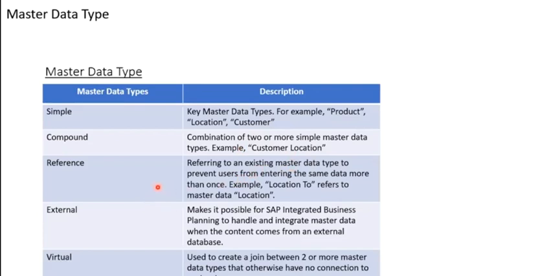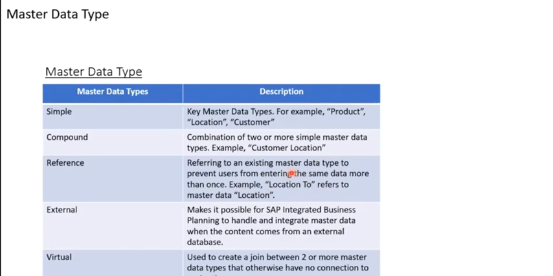Now there is one more type of master data which is called reference. Reference master data means we can create a new master data by copying an existing master data. For example, this location master data is there, right? I can create one more master data which refers to this location, called location 2. Location 2 will be my destination where I want to transfer my material or anything.